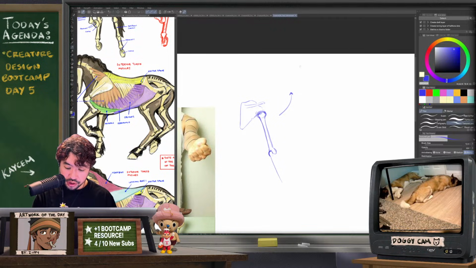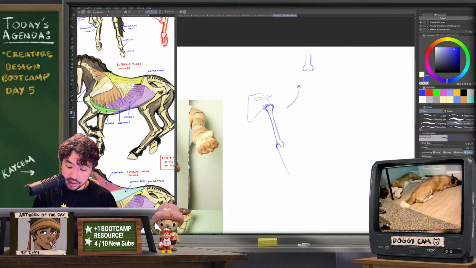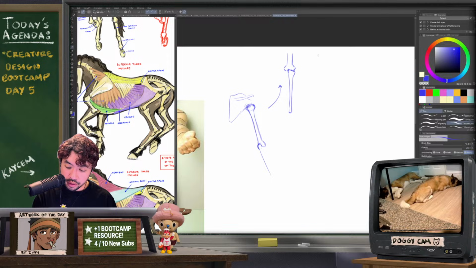Now if we were to imagine this humerus bone in front view, just the joint, essentially it would connect the bigger side like this, and then go kind of thin here towards the wrist. And then from side view, you can almost imagine it as if it was a hinge.